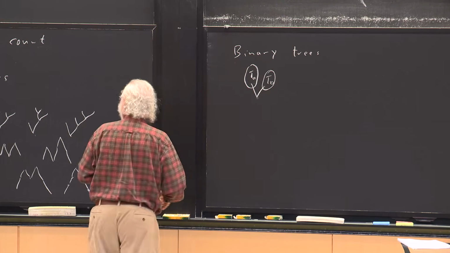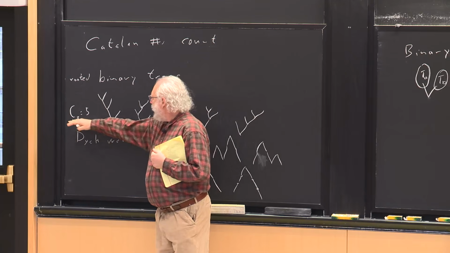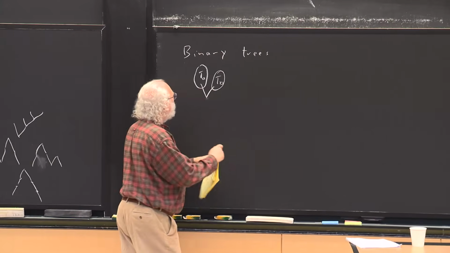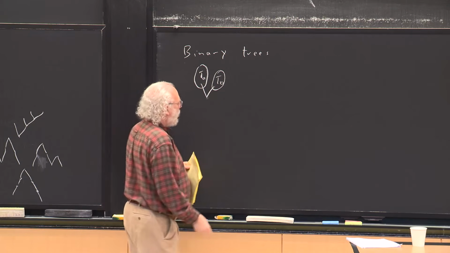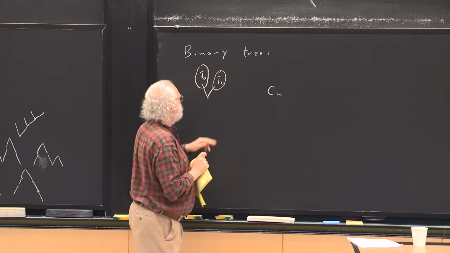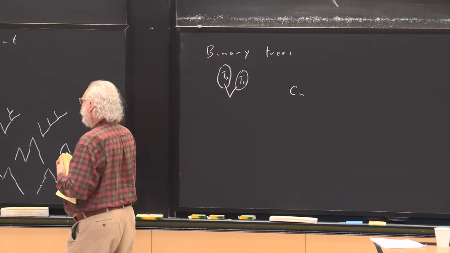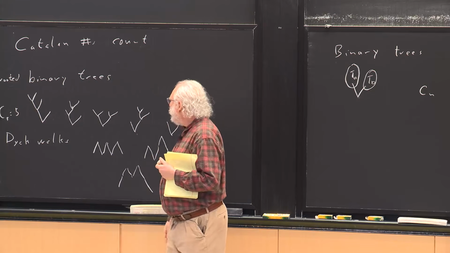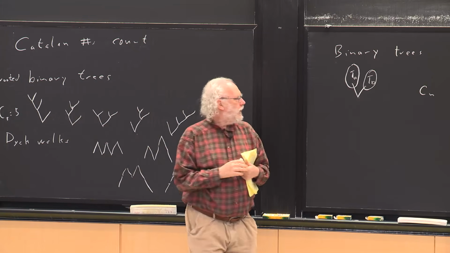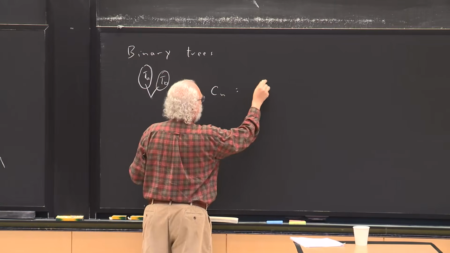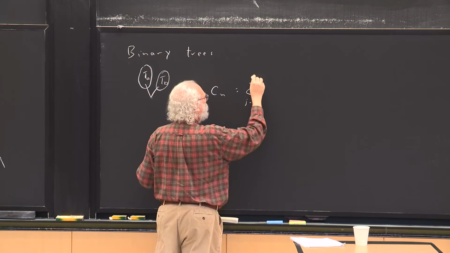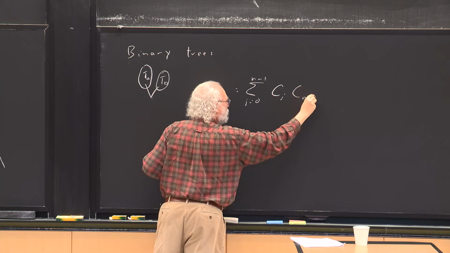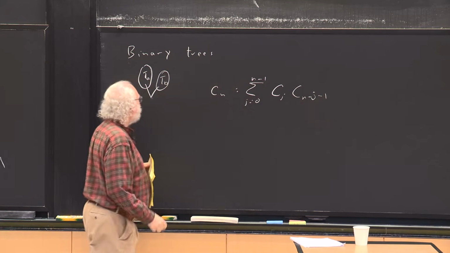Suppose we want to count C sub n, the number of binary trees on 2n plus 1 nodes. It is going to be equal to the sum for j equals 0 through n minus 1 of C sub j times C sub n minus j minus 1. Why?